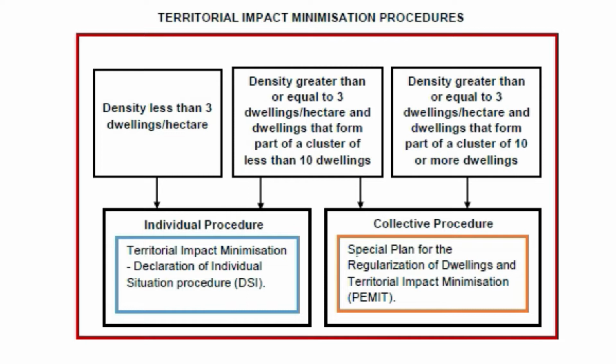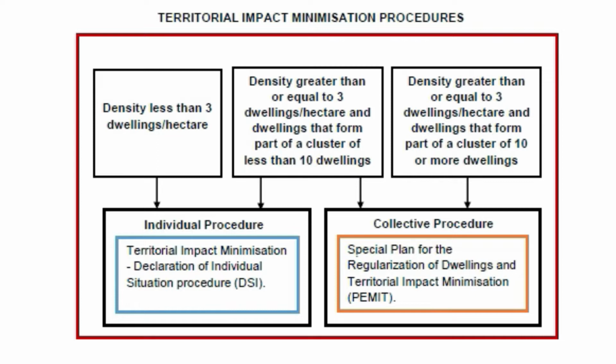So, as we can see, on the page for Territorial Impact Minimization procedures, there's a chart and it explains how to know which is your case, whether you're in an individual declaration case or whether you're a collective case. And the criteria is fairly simple.